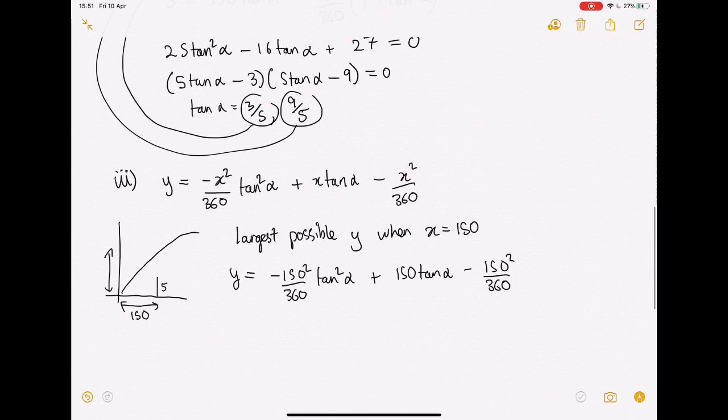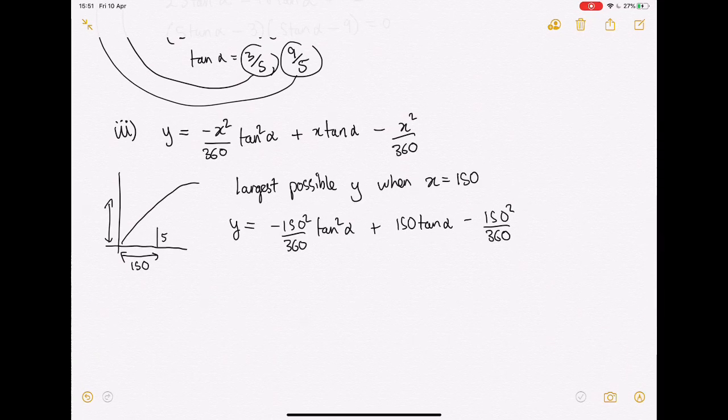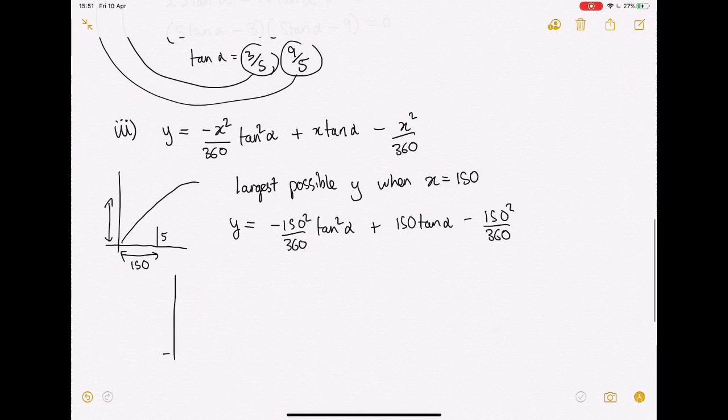And this we can see is a quadratic in terms of tan alpha. And we want to think about the largest possible value of y here. Well, we could think about this as a function, with this axis being the y-axis, and this being the tan alpha axis. And this is some kind of quadratic with a leading coefficient that is negative, so it's something a bit like this.